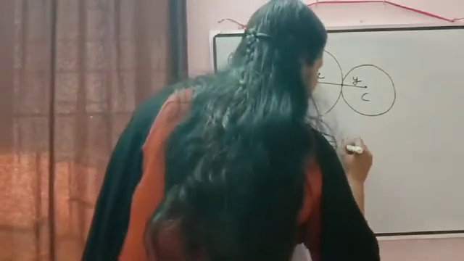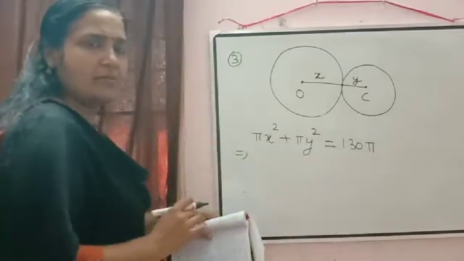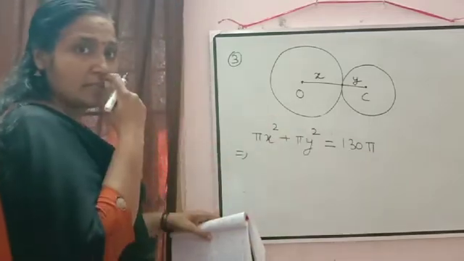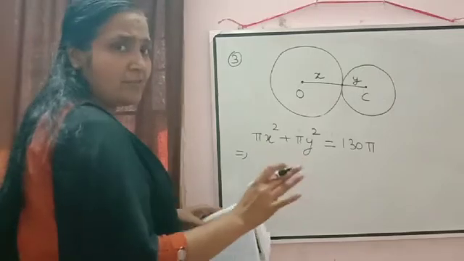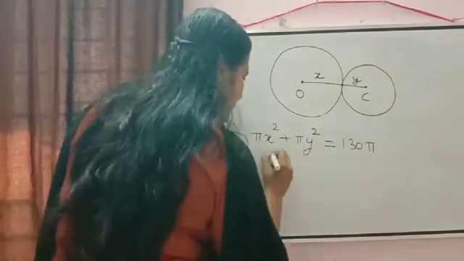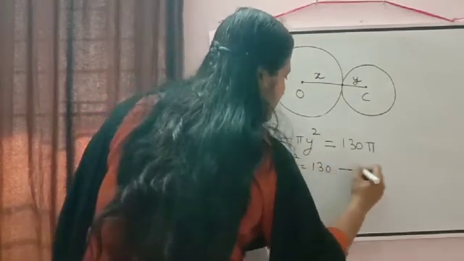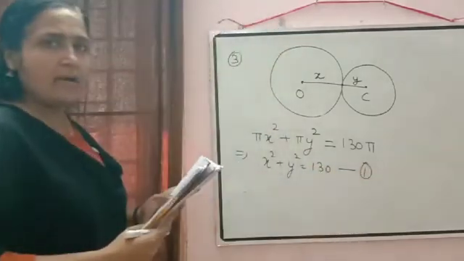The sum is given, 130 pi. Now in all the expressions we have pi, so we can divide the whole expression by pi. You don't have to write it also. Pi will get cancelled there. So our expression will be x square plus y square is equal to 130. Make it equation number 1.